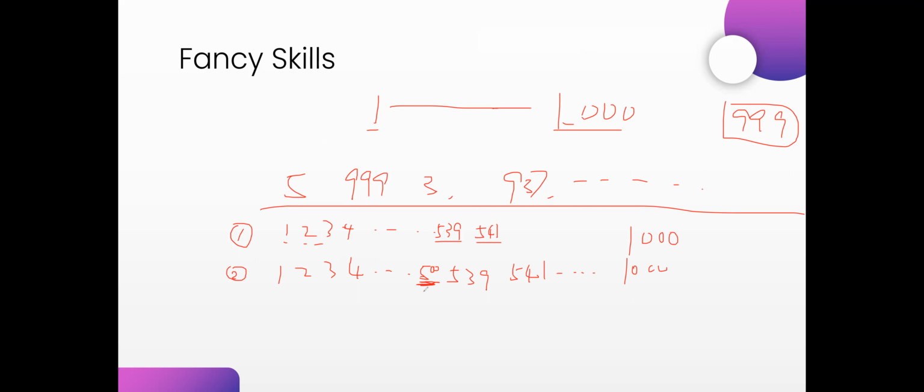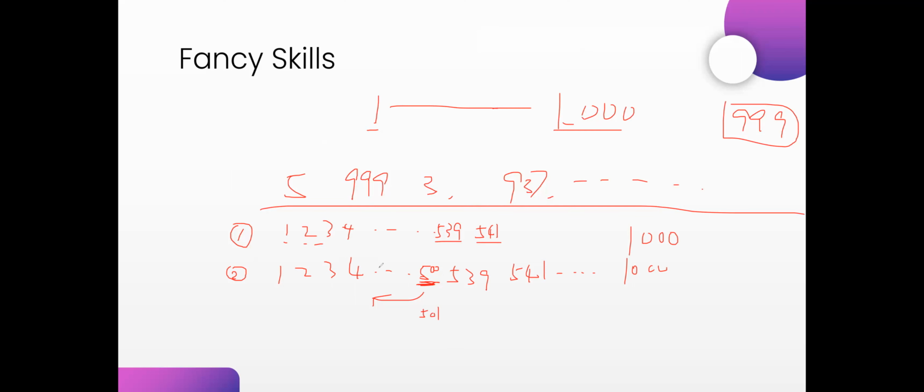That means on my left-hand side, I do not miss any number. If the missing number were on my left-hand side, this number should not be 500. It should be 501, right?